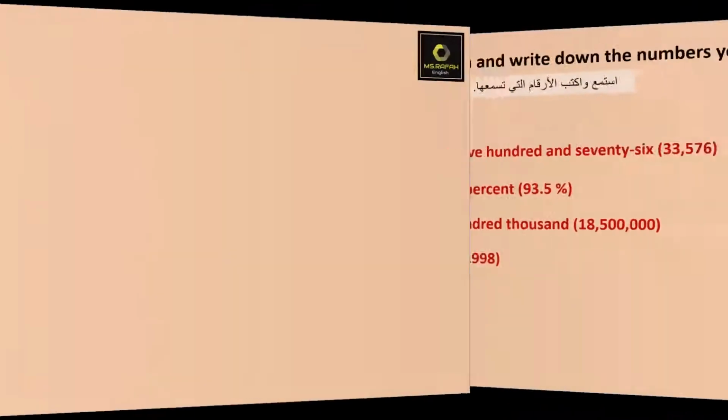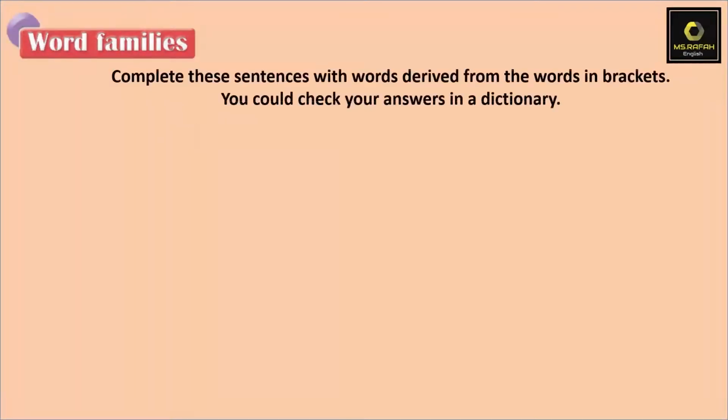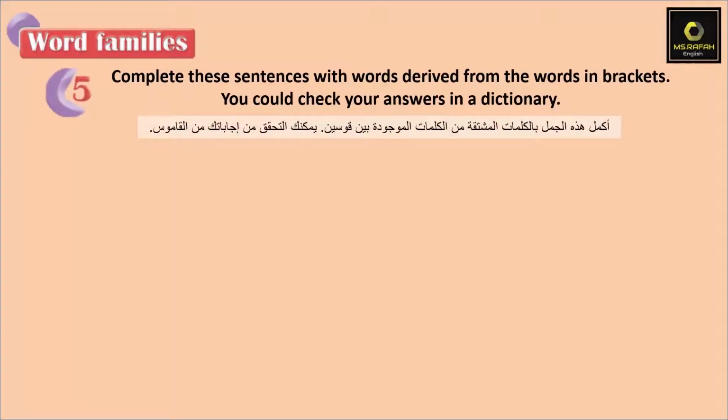Now we have word families. عائلة الكلمة. Let's see. Complete these sentences with words derived from the words in brackets. You could check your answers in a dictionary. You can say dictionary in British English or dictionary in American English.